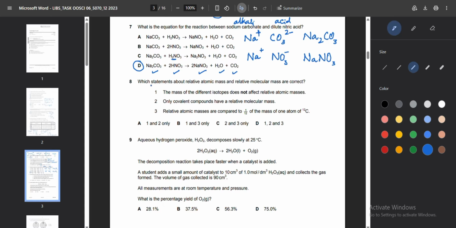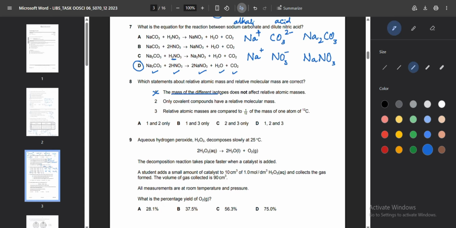Question number 8, which statements about relative atomic mass and relative molecular mass are correct? The mass of different isotopes does not affect the relative atomic mass. That's incorrect, because we have just calculated it, like we did for bromine. The atomic masses do matter when you have to calculate the relative atomic mass.